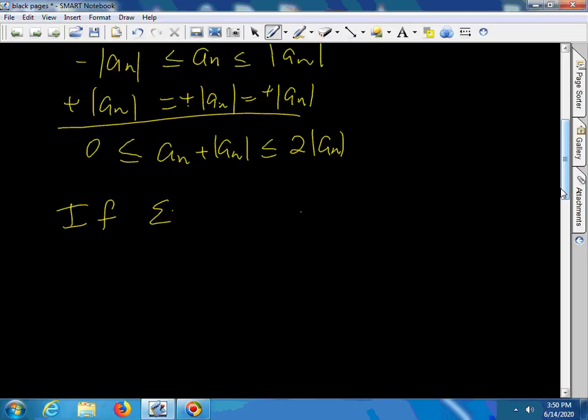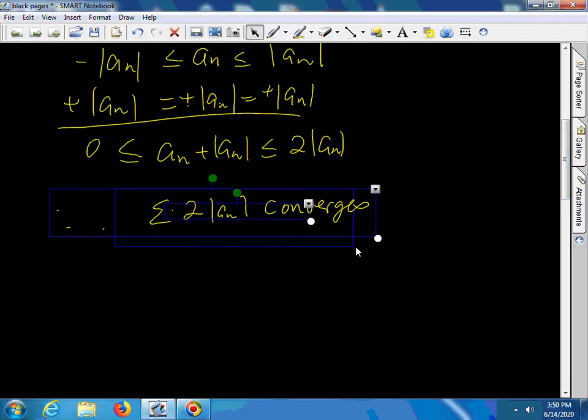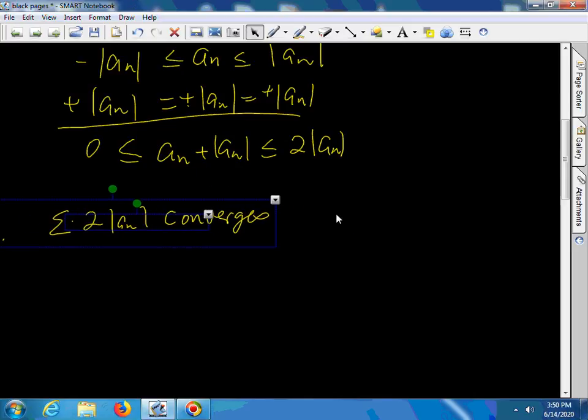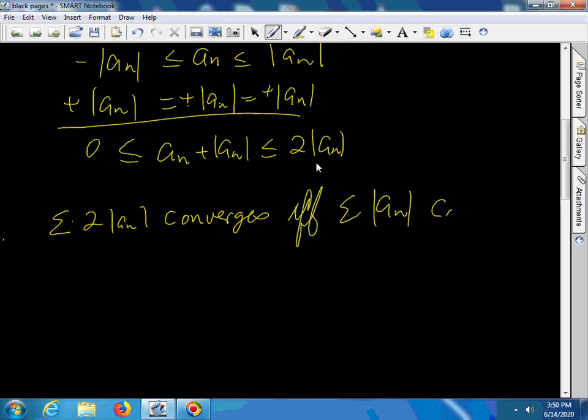The summation of 2 times a sub n converges if and only if the summation of a sub n converges, if and only if the summation of the absolute value of a sub n converges.